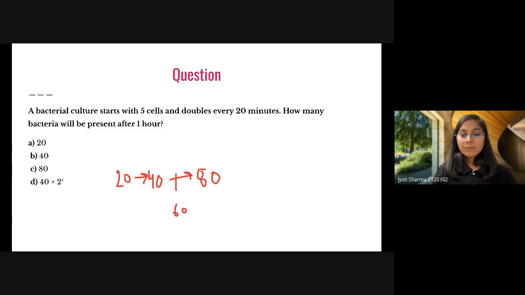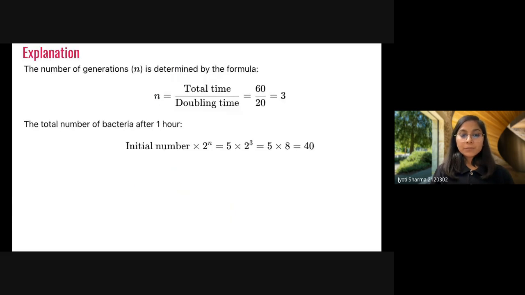Then this is 1.5 generation, and if this is 1.5 generation, then you have to tell me the number of cells that we will have after 1.5 generation. But the number of cells initially we had was 5 only. So can you tell me the number of bacterial cells that we have after 1 hour? So how can you do this? So let me show you.